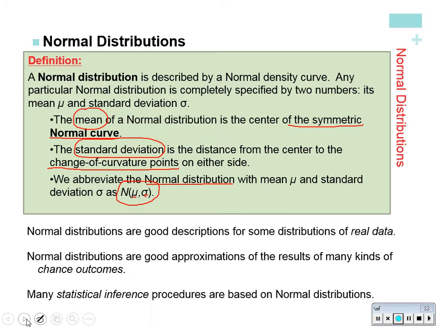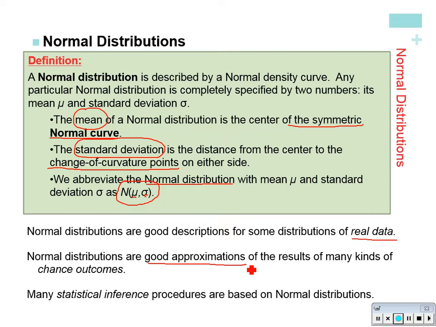So a couple things about normal distributions. One, they're very good at describing distributions involving real data that comes from some type of application. They're also good for approximations, and we're going to take a long look at approximations today.